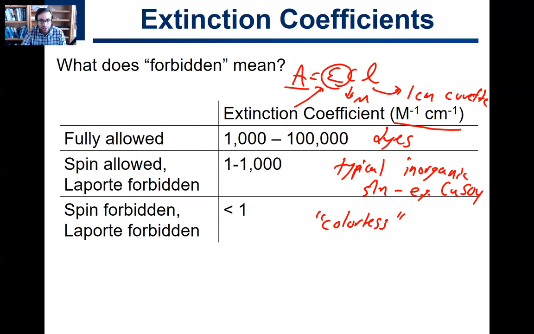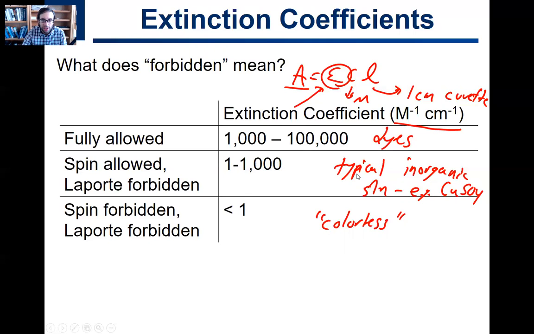All right, and so what does forbidden actually mean? Well, a fully allowed transition is going to have a very high extinction coefficient. Now, it turns out that even if you're forbidden on one or both of these selection rules, you still can have a small probability that this transition will still occur, okay?